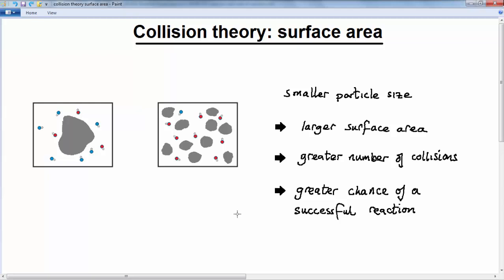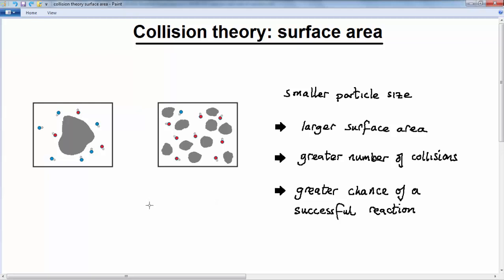I would like to point out that it is important that simply guaranteeing a collision or improving the chance of a collision does not guarantee that a reaction will take place. Remember, in the previous lesson, the reacting particles have to have enough kinetic energy to ensure that the activation energy is reached and that the reaction can take place.